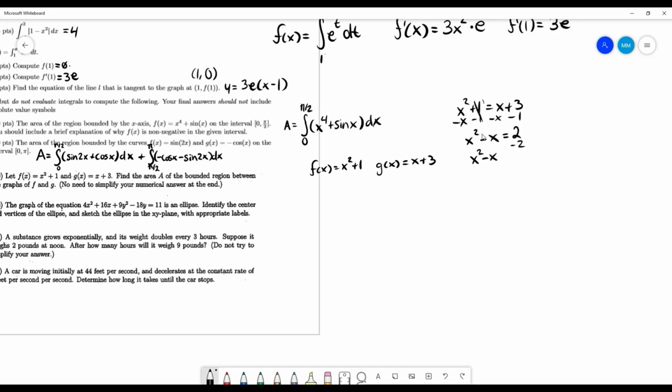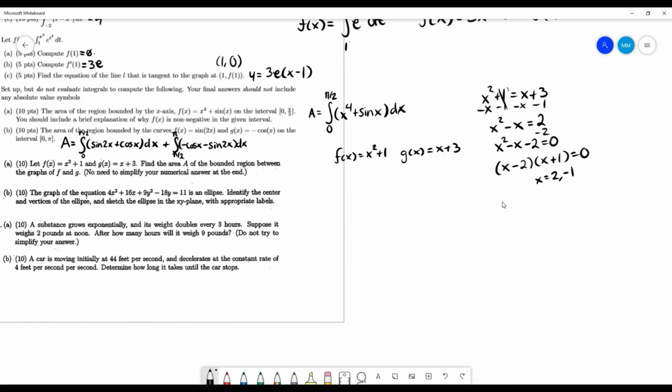I'm actually going to subtract that, so x squared minus x minus 2 equals 0. Can I factor this? Yes, I think I can. So it's going to factor to x minus 2 times x plus 1. And feel free to FOIL that out to double check. So that equals 0. So these intersection points are when x equals 2 and x equals -1.